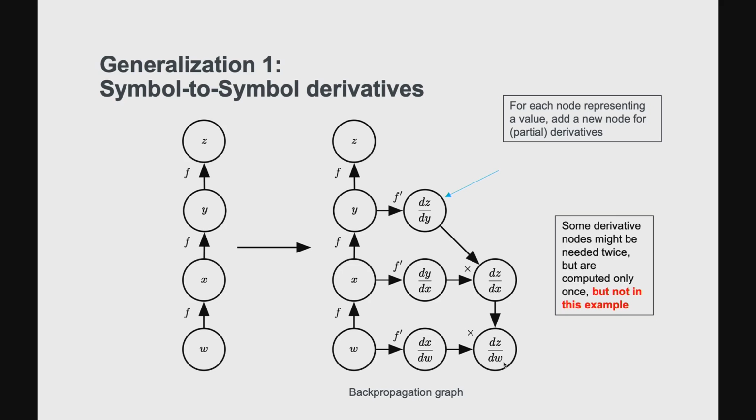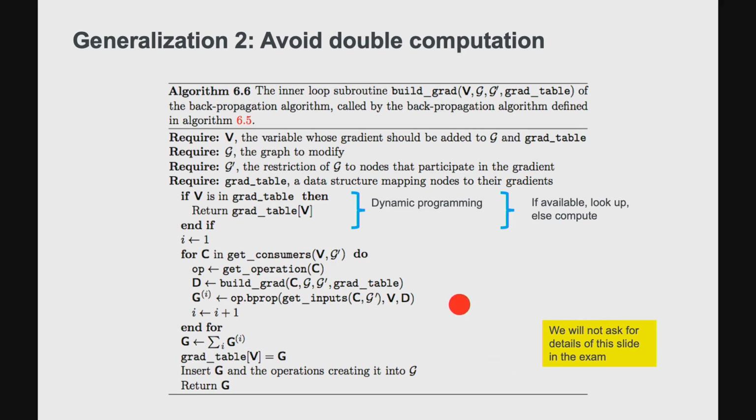You just use a hash function, a hash array, for example, to retrieve it. And that is done in this algorithm that generalizes and therefore avoids double computation. So here you have now additional data structures, like this V, the variable whose gradient should be added to T, and the grad table. So you have this table here in order to store intermediate results.